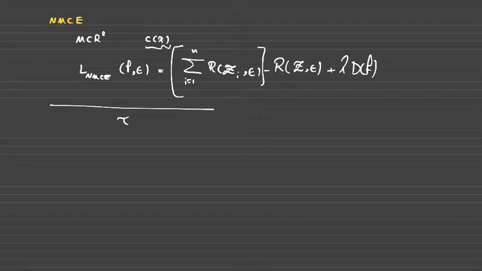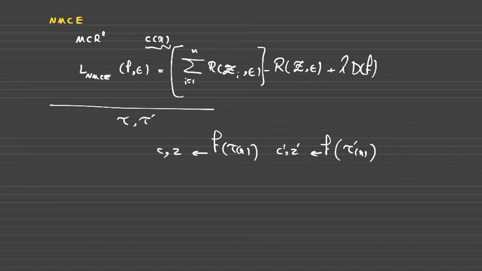Assume that tau and tau prime are two random transformations. So you take data point x and you have two representations this way. Now you give them to the encoding function and you get two pairs of cluster C and embedding Z, basically performing the clustering and embedding.